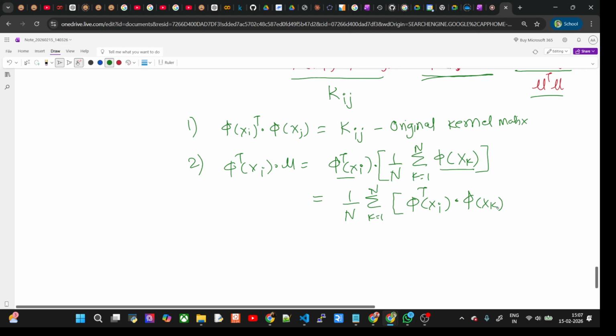So what is this? If you write it in terms of k, this is the sum for k equal to 1 to n of a k kernel entry. This kernel is showing one row, because i is not affecting this loop, the loop is for k.